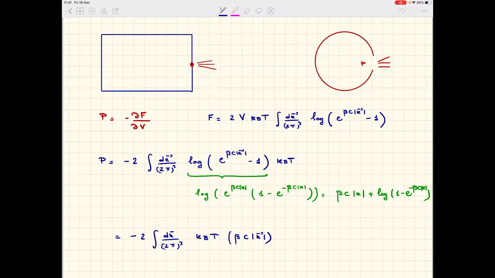And then I will have minus 2 integral dk over (2 pi) cubed of kBT times log of (1 minus e to the minus beta ck).